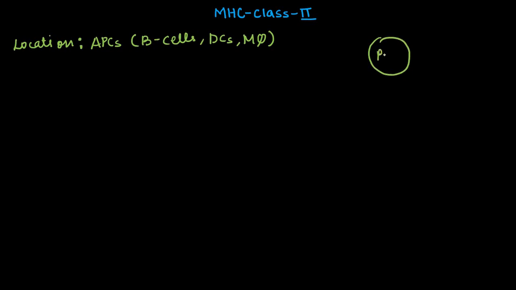On its surface there will be an MHC class 2 molecule, which helps in the presentation of antigen on its surface. So a B cell is one example of APCs, and the function of the MHC class 2 molecule is to present the antigen to the nearby immune cells. So this is all about the location.